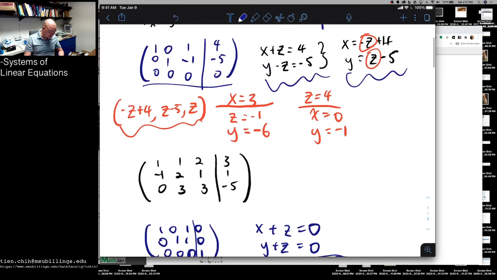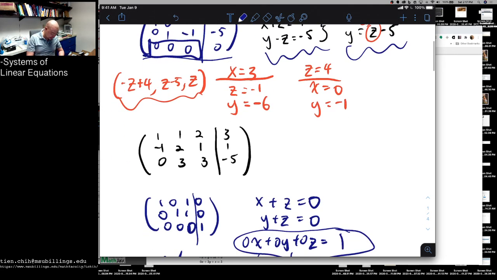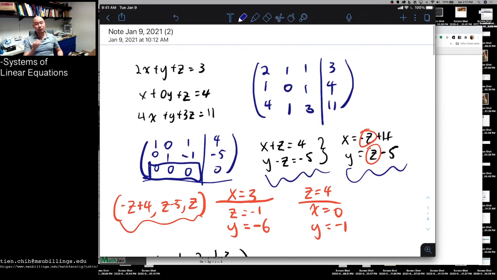So of course, what both of these situations have in common is this 0 row. Right? So in a 3 by 3 or an n by n situation, seeing that 0 row is a sign that something is not awry, but that you're not looking at a unique solution anymore.